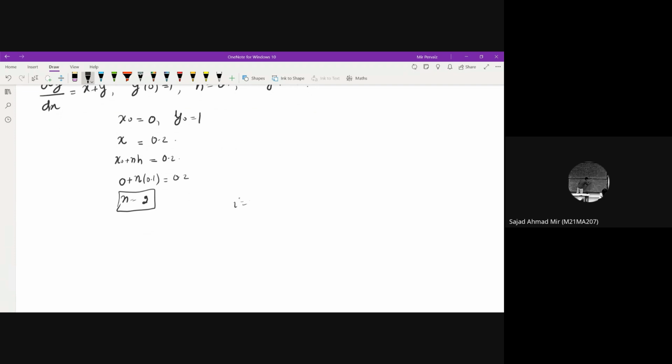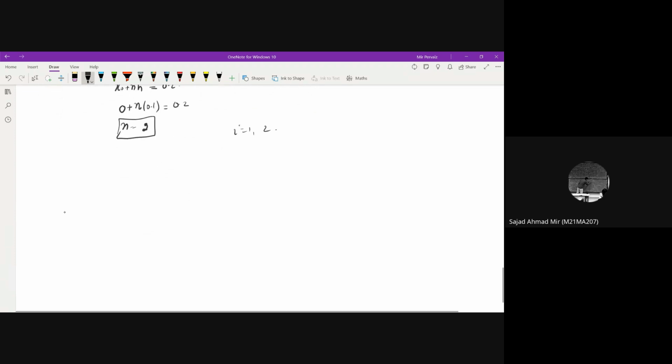So this is saying that with this step length you have to take just 2 steps, i equal to 1 and 2. So for the first iteration you will have x1 as x0 plus h. Let's calculate the first approximation y1 with the Euler's method. This will be y0 plus h times f of x0 comma y0.